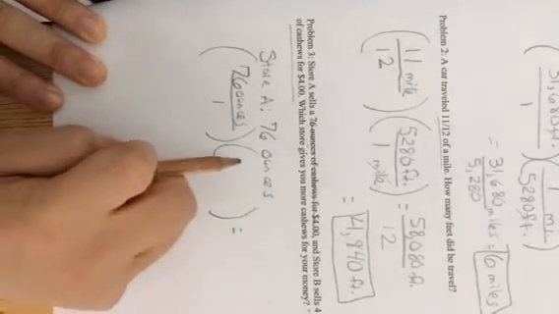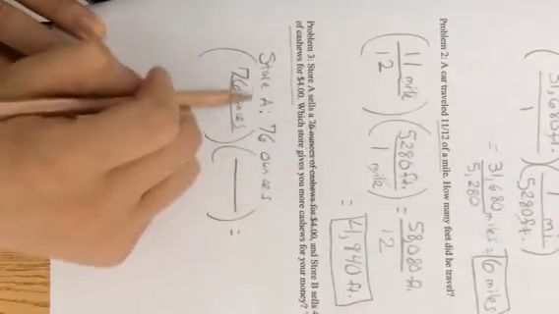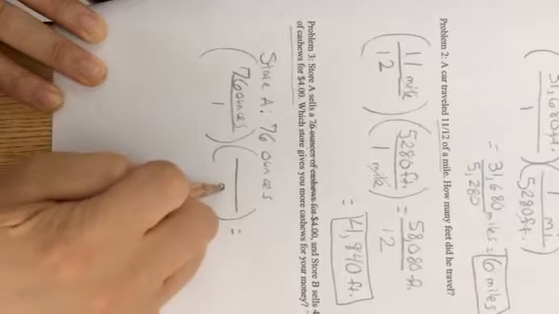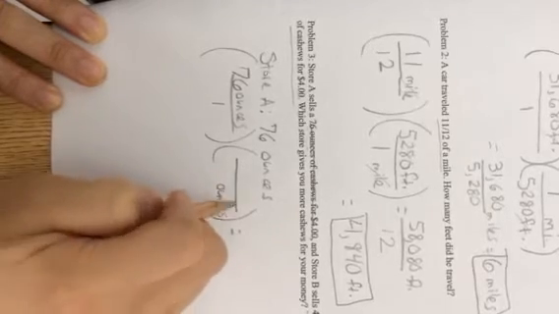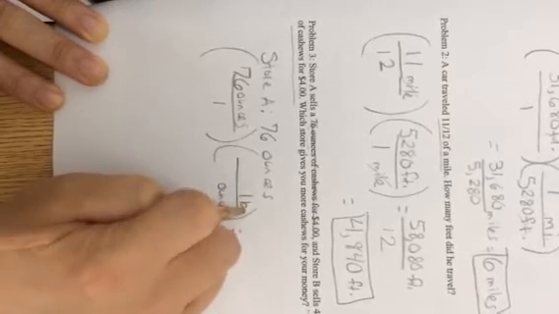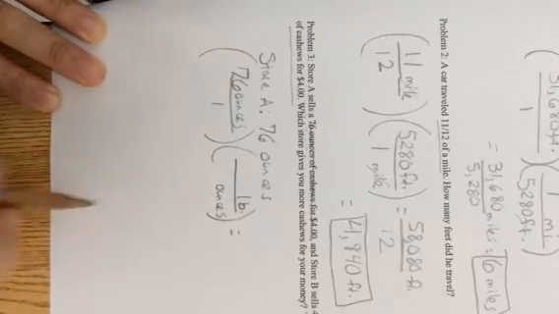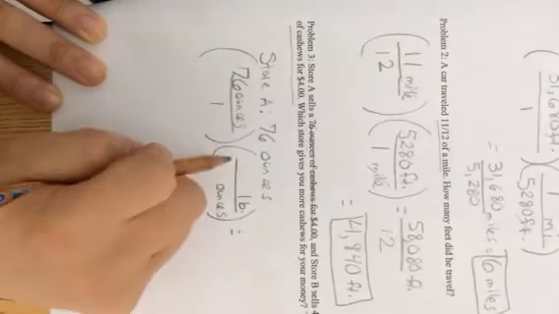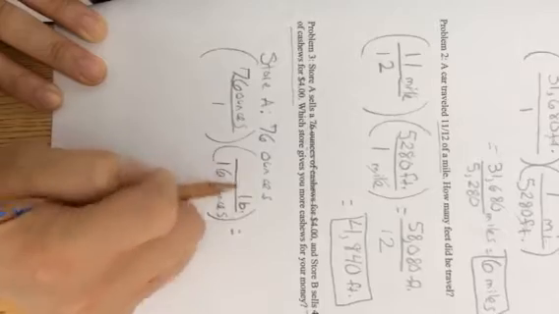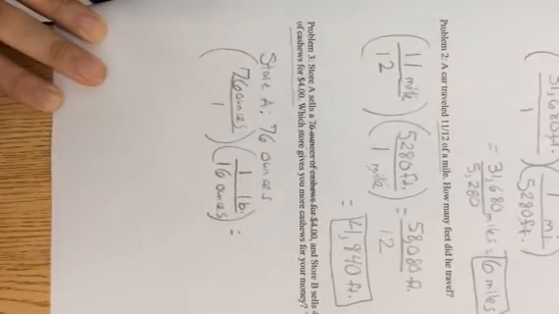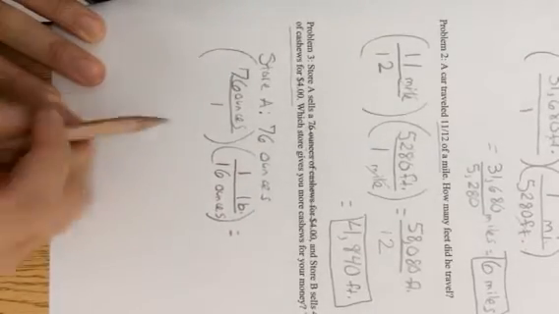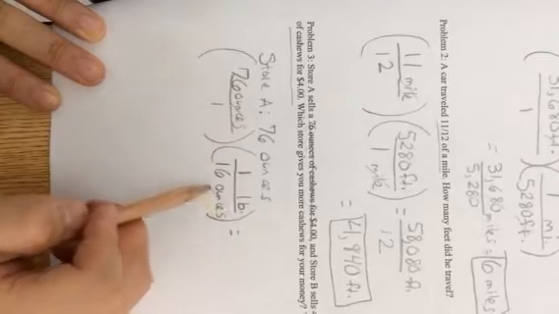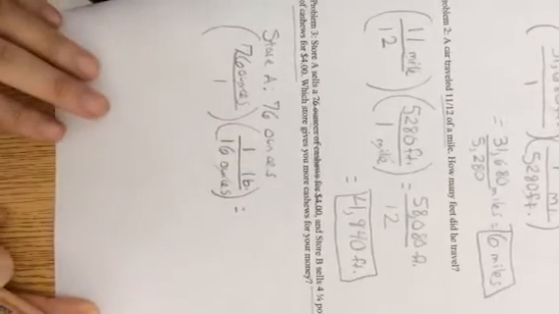To do that, I want my ounces to cancel out, so my ounces unit goes on bottom, and my pound unit goes on top. 16 ounces is equal to 1 pound, so I'm going to put 16 on bottom and 1 on top. My ounce units cancel out, and I'm only left with the pounds unit.